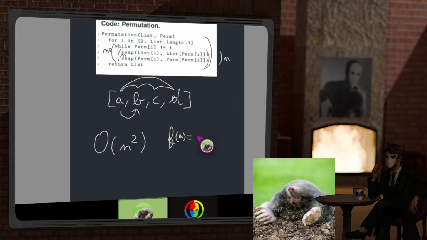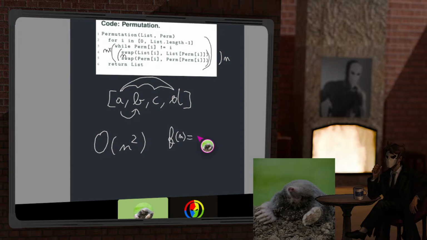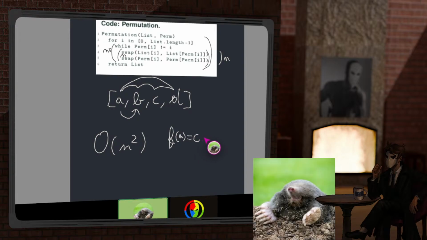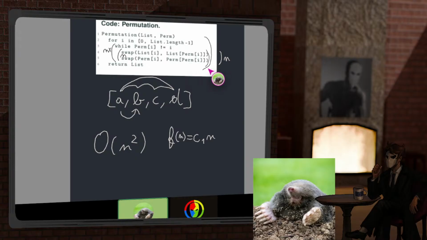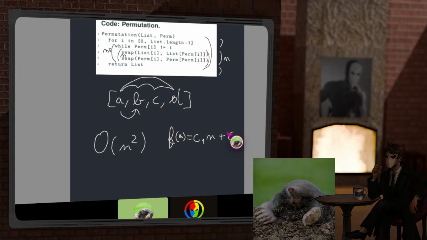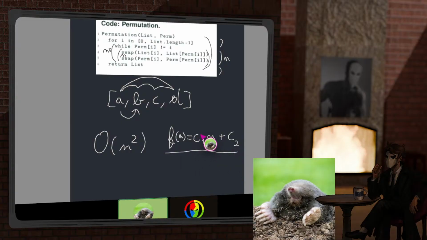So our function is something like a constant, the time it takes to do one swap, times n. Then we have also the rest of the tidbits that are just constant time. And this is not just in O of n squared, it is in O of n.